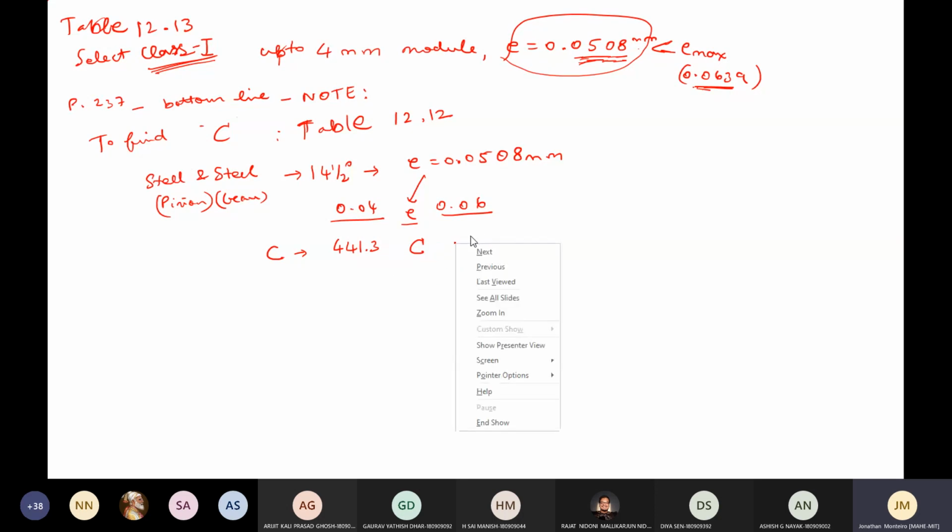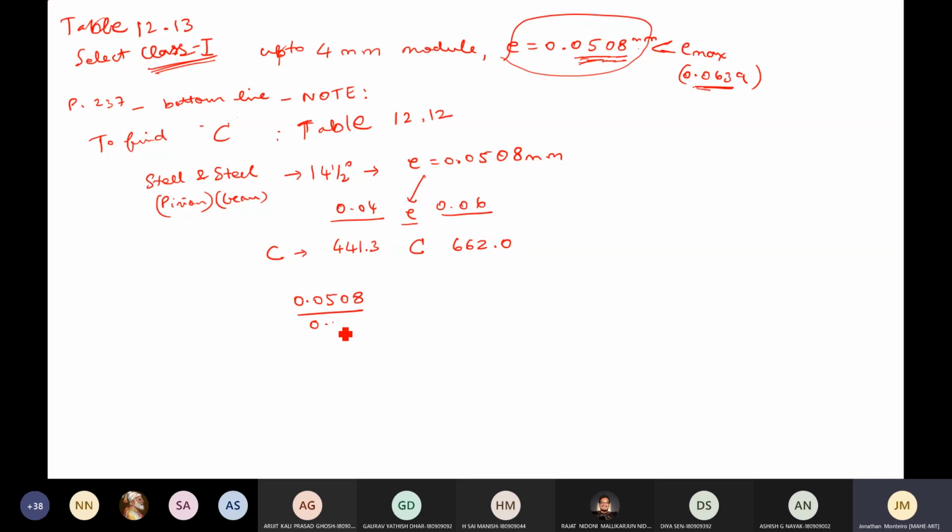And here you have 662.0. So interpolate for the value of C. I'll write the interpolation equation here. How will it come?